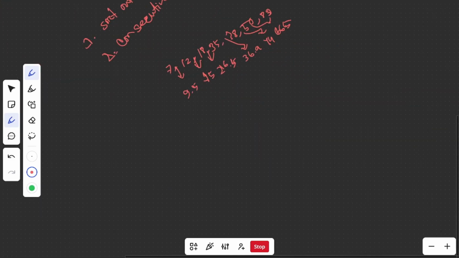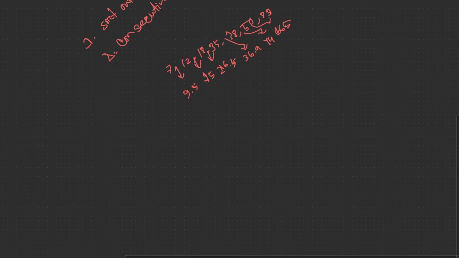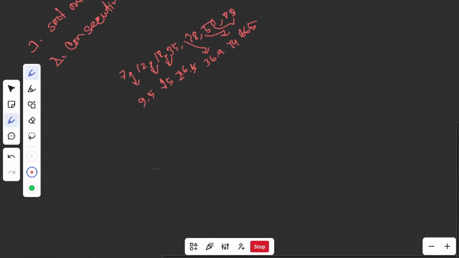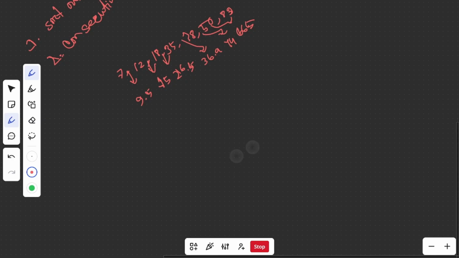Now we have to assume the Gini impurity of each of these averages. So let's see how we can do that. So let's assume age less than 36.5.